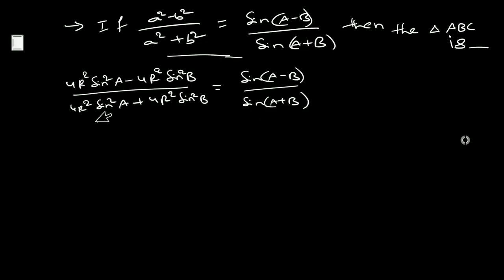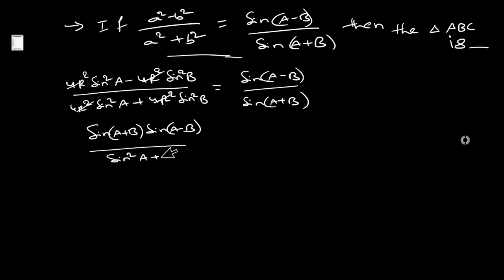Now we can take 4r square common and cancel that. In the numerator you can see sine square A minus sine square B, which is sine of (A plus B) into sine of (A minus B), that is the formula, divided by (sine square A plus sine square B), equals sine of (A minus B) divided by sine of (A plus B).